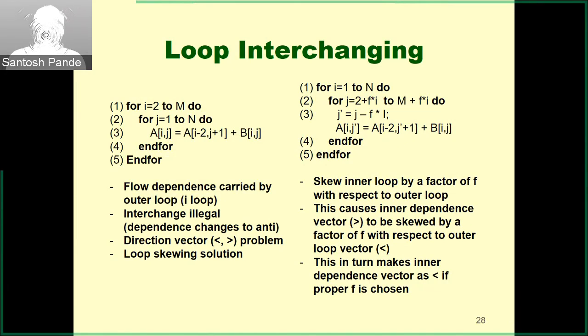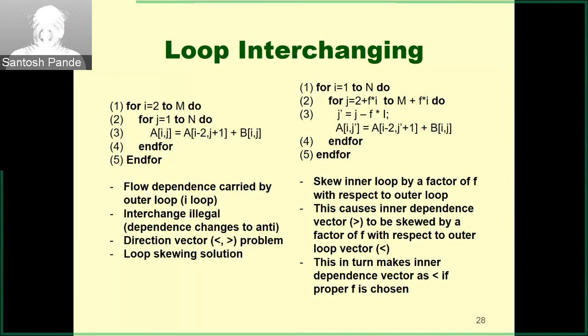But in that process, as you will see through the analysis next time, the dependence vector has changed from greater than to a less than. So by choosing the right value of f, we are able to skew the dependence vector to less than, and that is the way we are able to convert this into a less than loop.